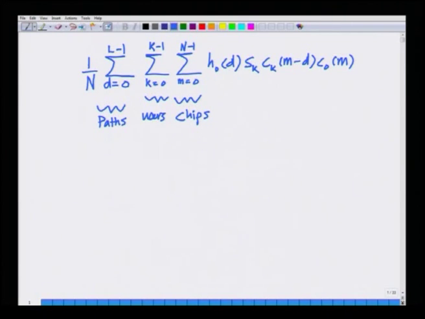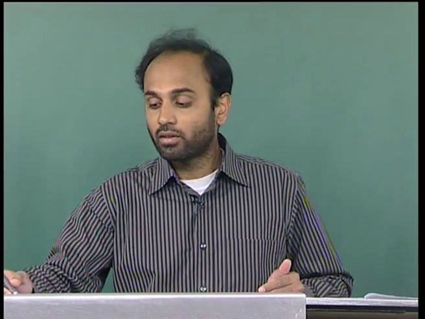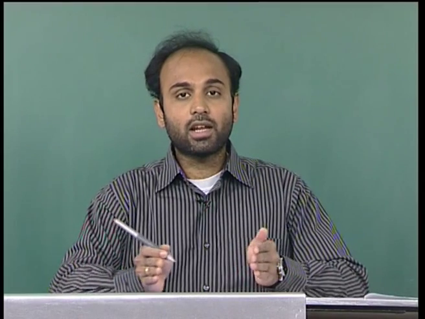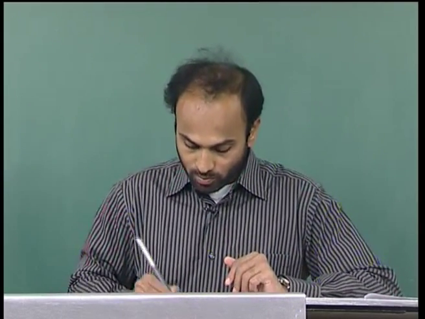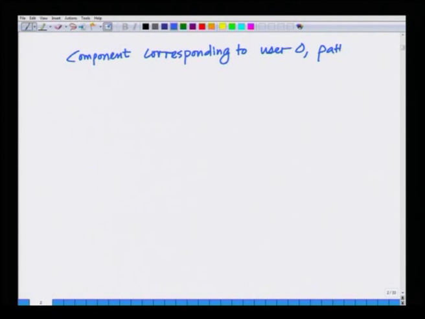Now, I will separate this, as we said, into different components. First, I am correlating with the chip sequence of user 0 corresponding to a lag of 0. So, first let me extract the component corresponding to user 0 at lag 0, that is, the component corresponding to user 0, path 0. That is the first component.